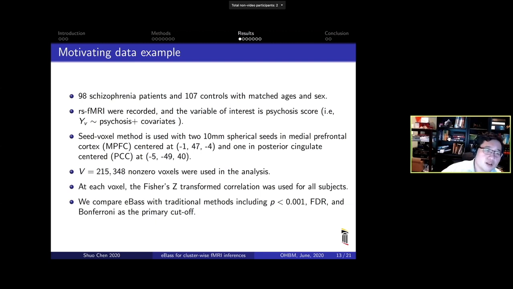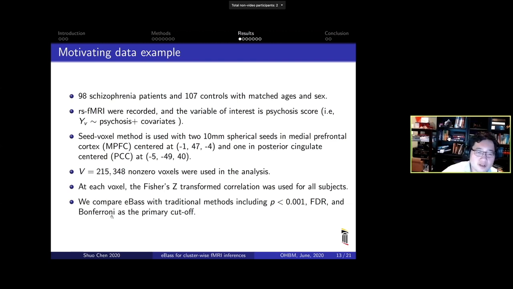The total number of voxels is 215,348. And we can compare our method to several other traditional methods for primary threshold selection, for example, including p less than 0.01, FDR and the Bonferroni correction.